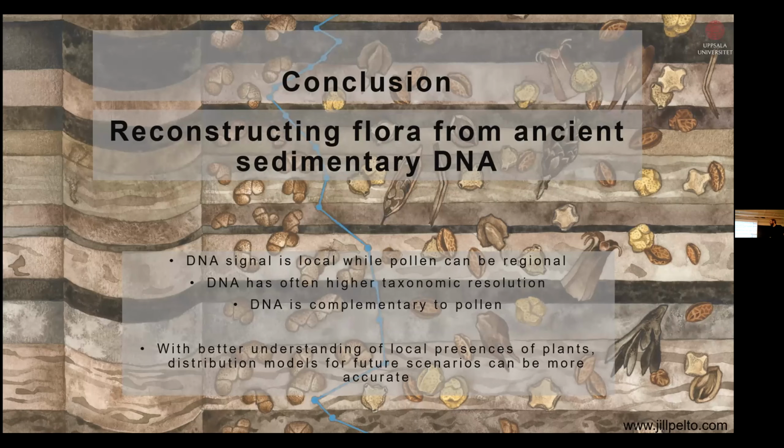It might be very useful information to put in climate models, to better predict where species move or where species can persist in the future, especially with the current climate change. This might be very valuable data to add to the whole list of available information based on pollen and macrofossils. With DNA we can't replace the traditional way. We can just complement it and use all the data to make better predictions.